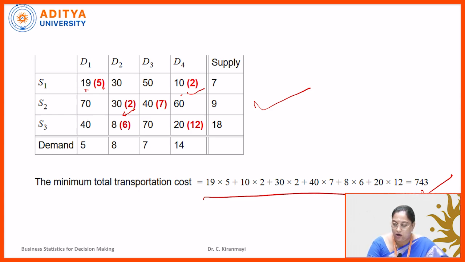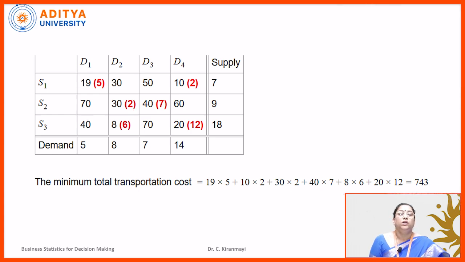This is how we can find the total minimum transportation cost, and using the MODI method we can also find how many units are to be transported from each source to each destination so as to minimize the total transportation cost.